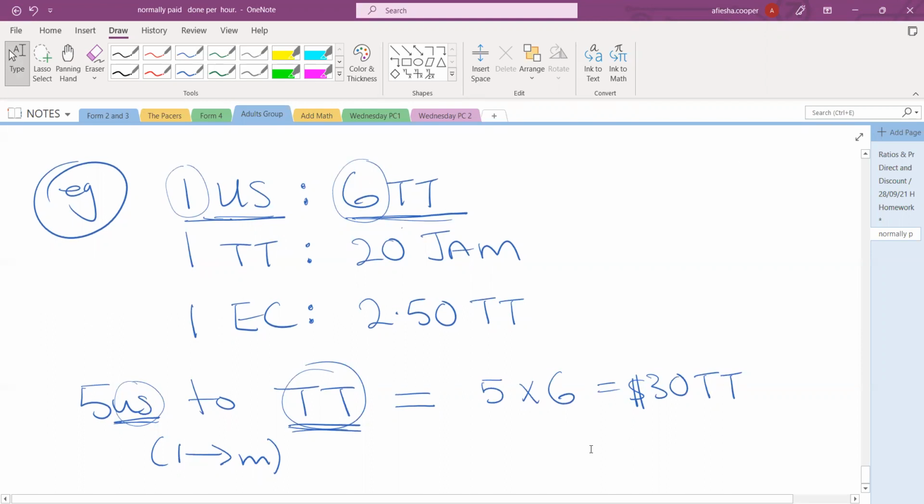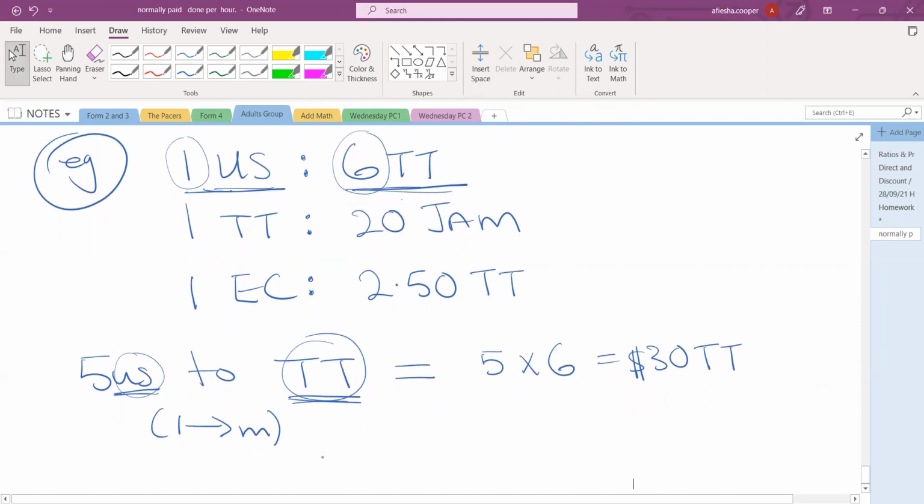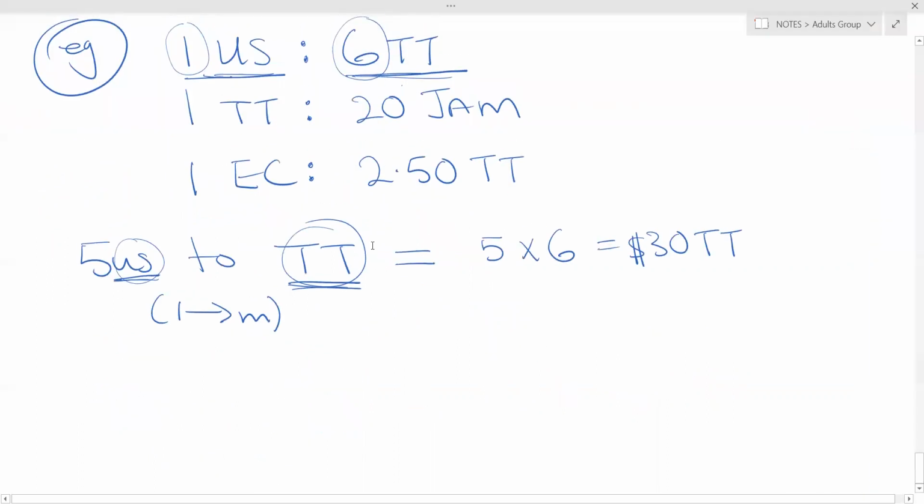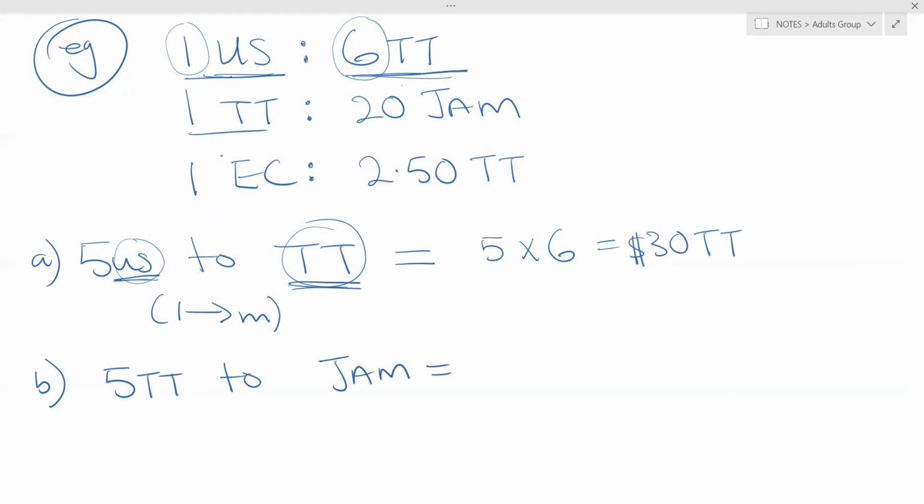Now, let me do 5 TT to Jamaican. Is this a 1 to many or a many to 1? 1 TT is 20 Jamaican dollars.